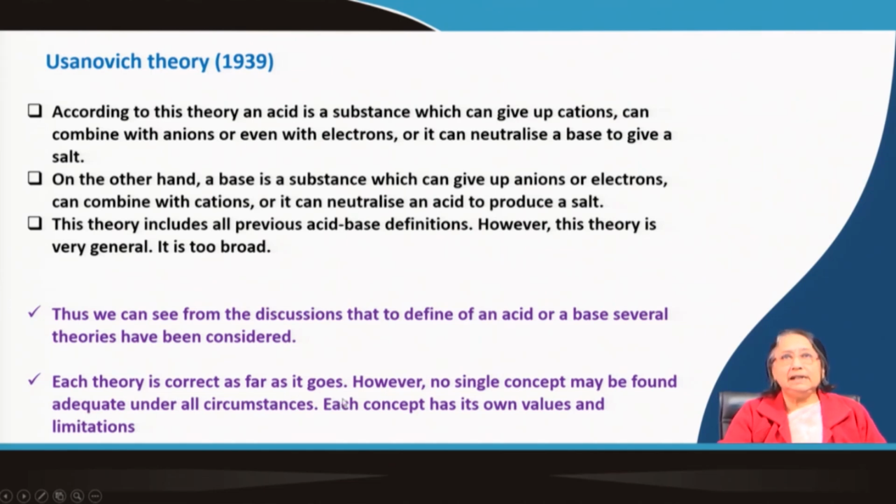However, no single concept may be found adequate under all circumstances. Each concept has its own values and limitations, and you have to decide which one you will use to explain acidic or basic property, but you have to remember the solvent you are using to explain your things.